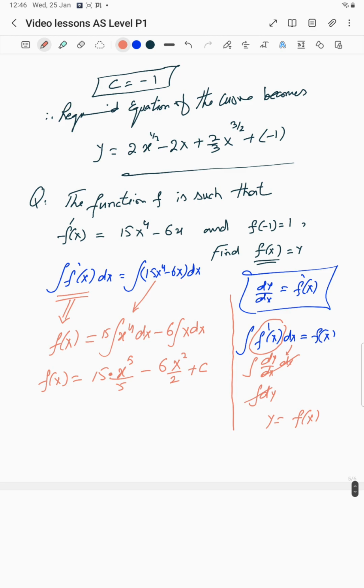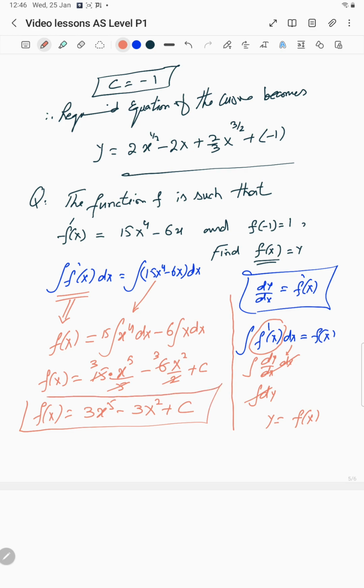Okay, now what to do? If you can simplify it before, it's good. Otherwise you can let it be as it is: 3x^5 minus 3x square plus c, right guys? Fine. Now after finding the equation of the curve in terms of c, we need to find the value of c. As it is given, f of minus 1 was 1.